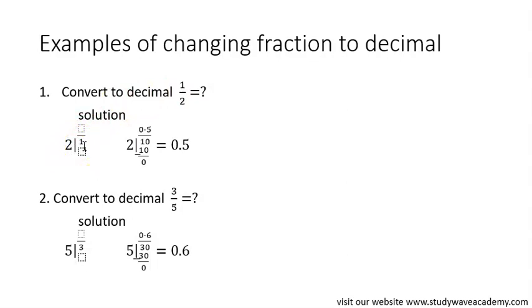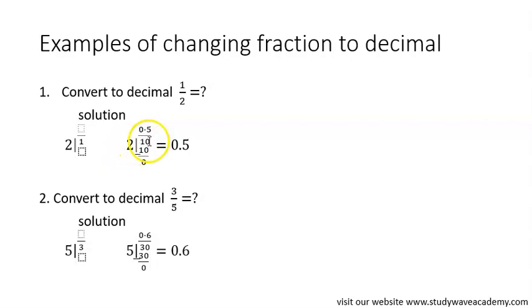Is that possible? It's not possible, right? So we have to look for an alternative. For 2 to divide 1, we have to add 0 and a decimal point. When you add the decimal point, you can add 0 to 1. So you have 10 here.